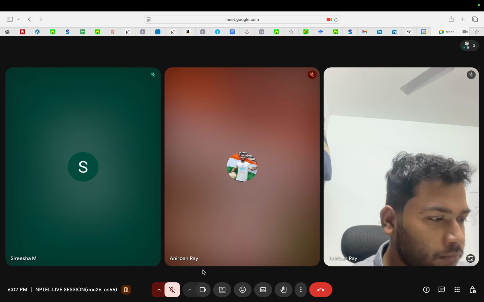Based on the computed probabilities, what class? So what we have to do is now apply the softmax.